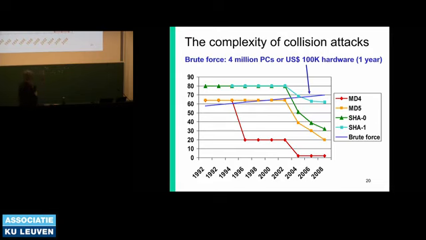And then Professor Wang showed up at Crypto 2004, and she found collisions for MD5 in 15 minutes on her PC. This was kind of a cryptographic meltdown, okay? And Microsoft actually looked at their systems, and they found 800 users of MD5 in Windows. So they hired a person called the MD5 removal person, and their job was to remove MD5 from all the Microsoft products.